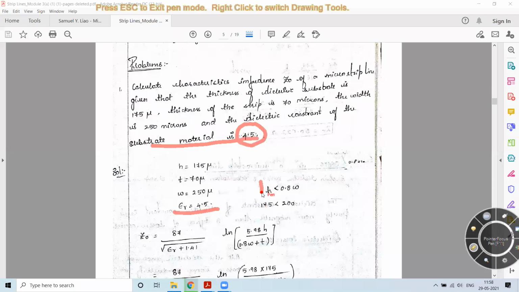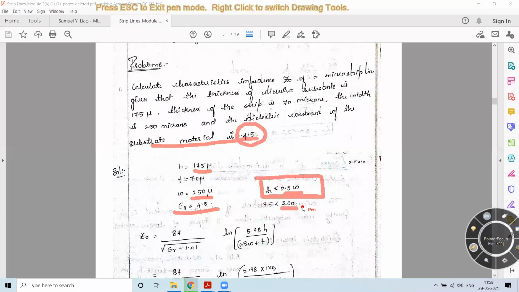Now here we make one check whether h is less than 0.8 times w. So here h is 175 microns and 0.8 times w, that is 250, when you consider, it is 200. Therefore h is less than 0.8 times the width of the strip.